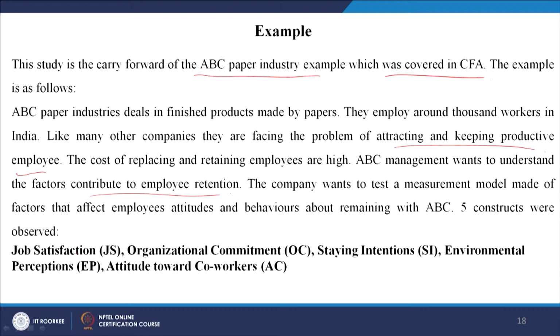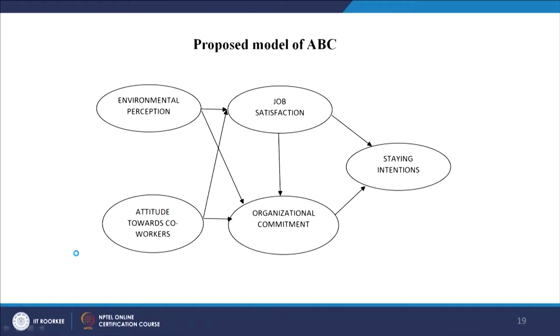The only thing that changes here is that now we will create a directional relationship among the different constructs, and we will create some hypotheses out of it. Now, look at this. It is no more a measurement model, now it is a structural model. Why is it a structural model? Because now clear cut relationships are there.